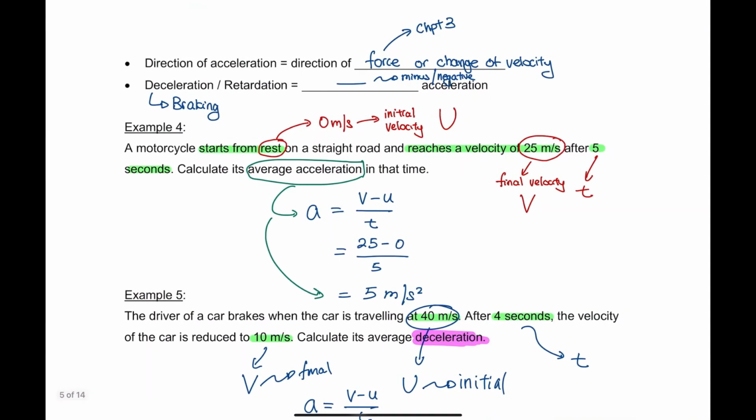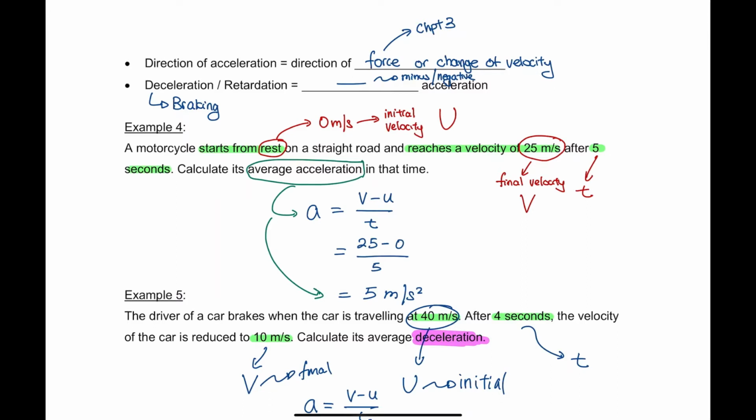The direction of the acceleration is actually equal to the direction of force, which we'll cover in chapter 3 on forces and dynamics. Now, deceleration. When I'm driving a car, the accelerator is the right pedal. When I press on the brake, I am actually decelerating the car.